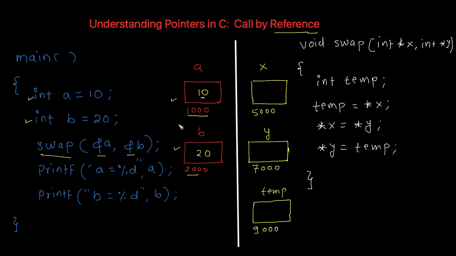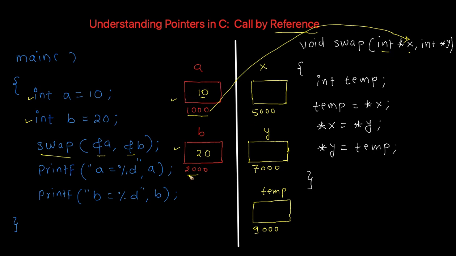So we'll pass the memory addresses of a and b, and we'll tell swap, hey swap, go to these addresses and change there. Don't create your own copies, right? When I say this, this 1000 is passed and stored. As we are passing an address, we need a pointer here now. As we are passing the address of integer variable a, we need an integer type pointer.